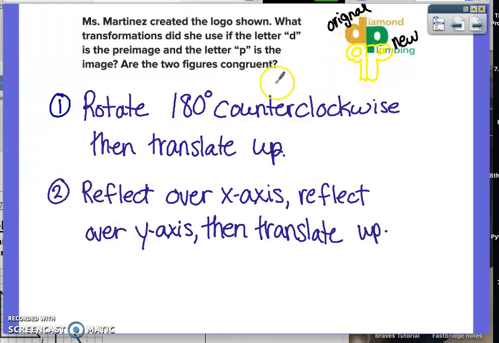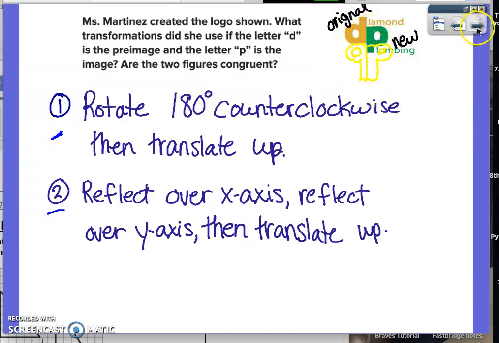That's one way of finding the new image. Or you could reflect it over the x-axis and then reflect over the y-axis and then translate it up.